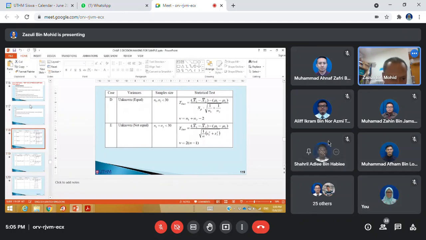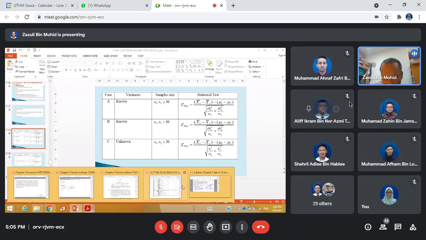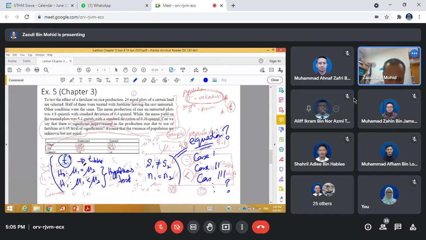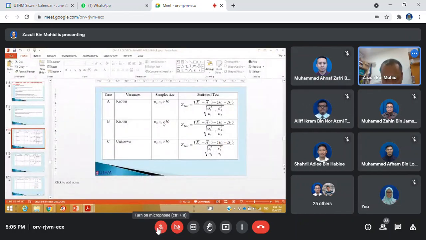Sekarang ni, from this table here, you look back pada soalan. Okay. N is less than 30 and the N is equal. N less than 30.